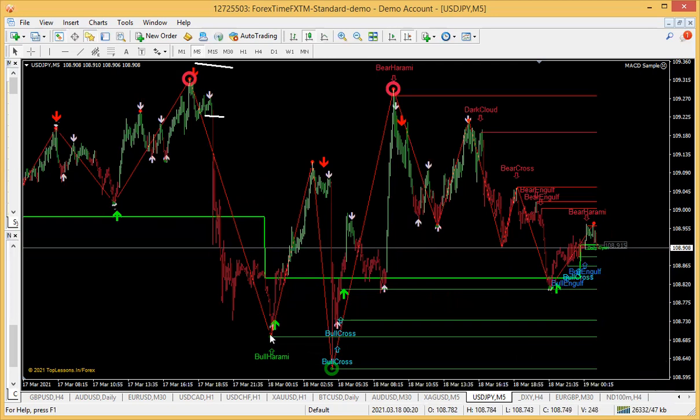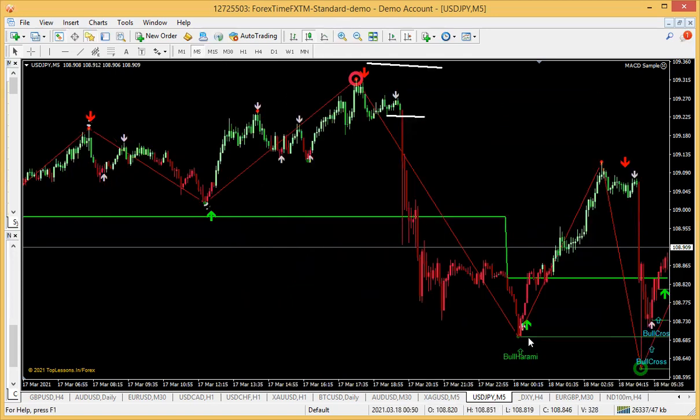So first, you wait for the dot. Second, you wait for the green arrow. The last one, you wait for the white one. Once the white one comes out, you look for the most recent, most significant top that is higher, which is this one.